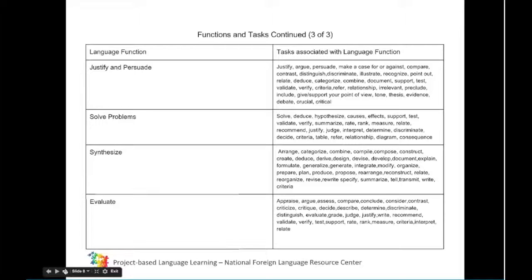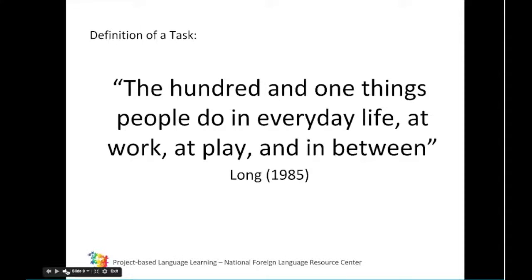So the language function would be to justify and persuade, and the task would be to give support for their reason why the adult world would need to use social media today and provide all the benefits in their personal and work life. After viewing these 3 slides, we can really understand what a task is.